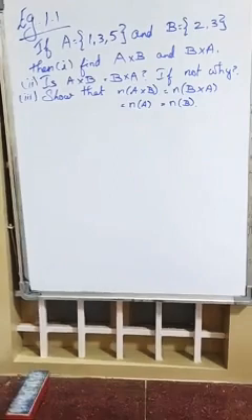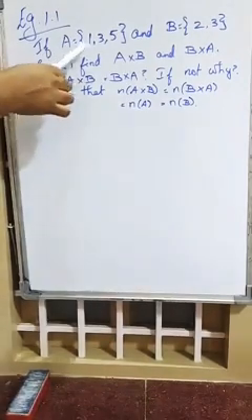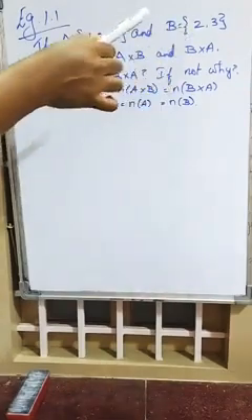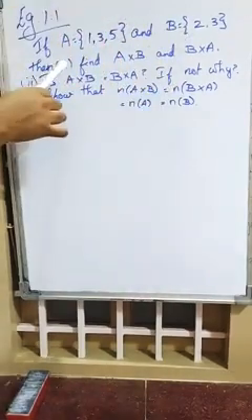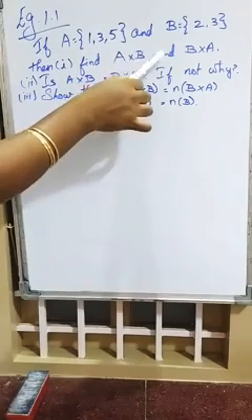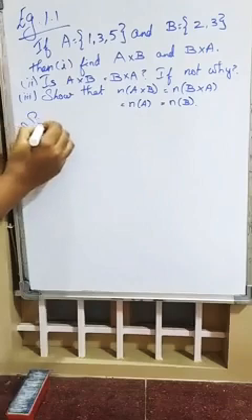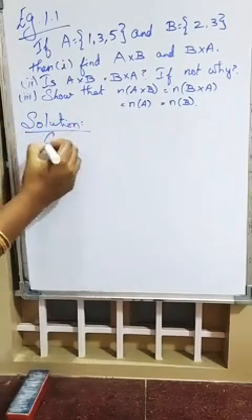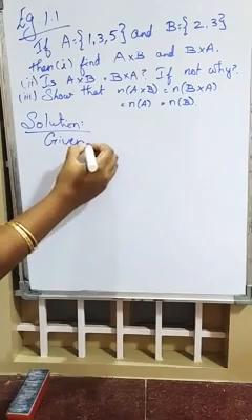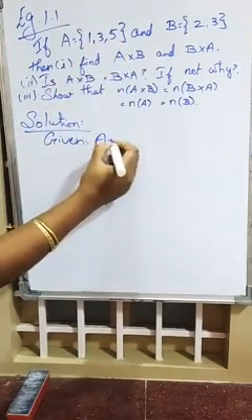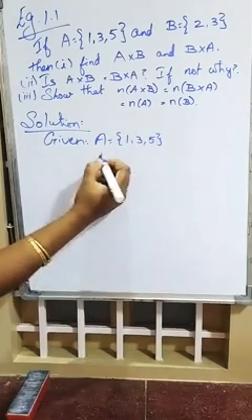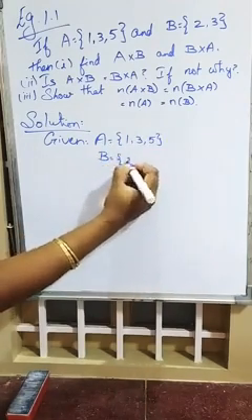Now see this example. If capital A is equal to {1, 3, 5} and capital B is equal to {2, 3}, then find A cross B and B cross A. First, always you must write the given. Capital A is equal to {1, 3, 5}. Capital B is equal to {2, 3}.